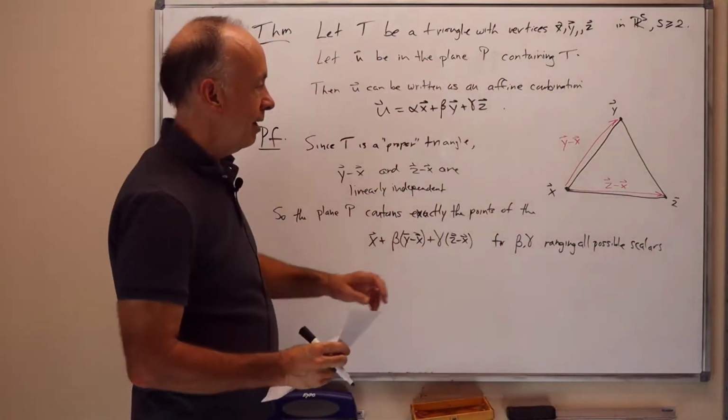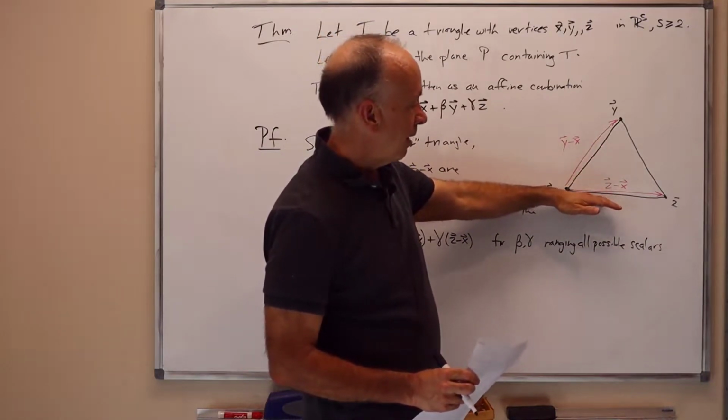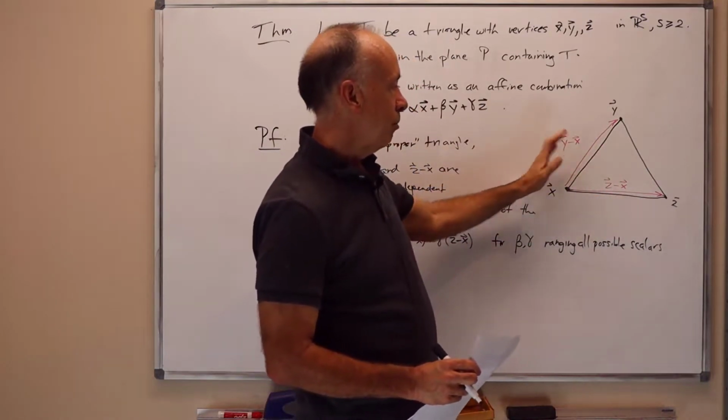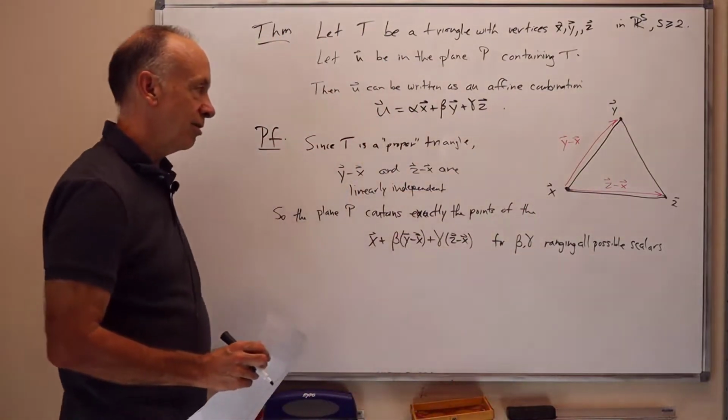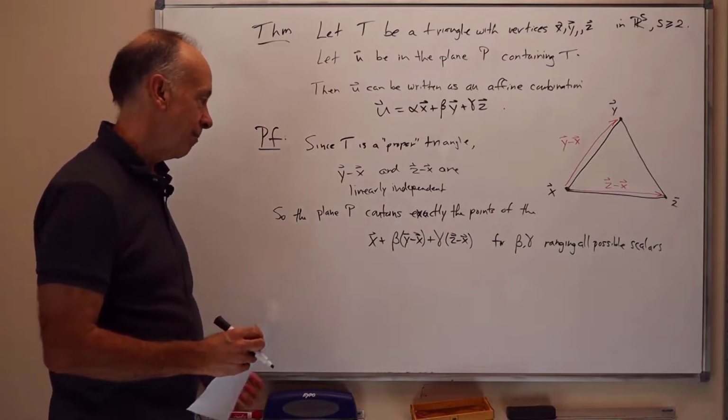Because think of the plane, think of the x as if it were the origin of the plane. We've got two linearly independent vectors rooted at x, and you take x plus any linear combination of those two vectors, and you can get any point in the plane and exactly points in the plane like that.